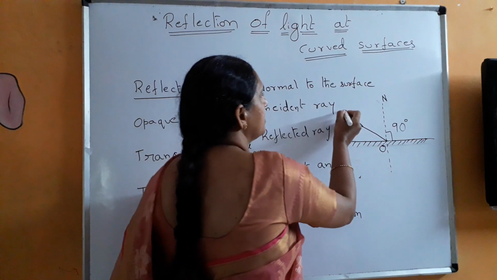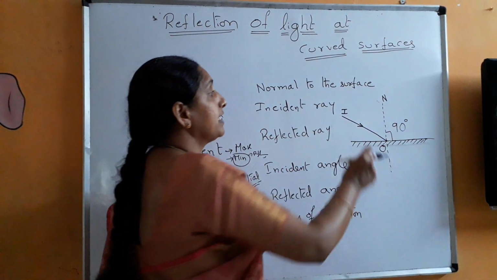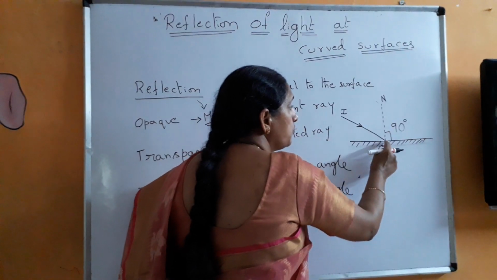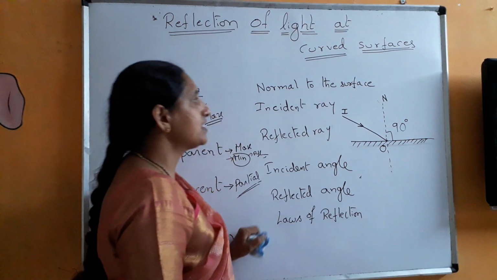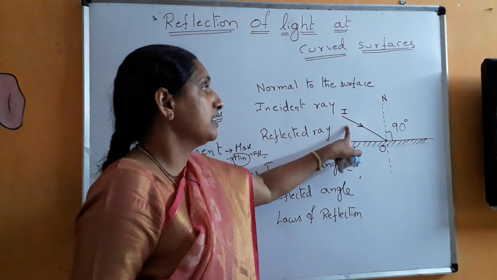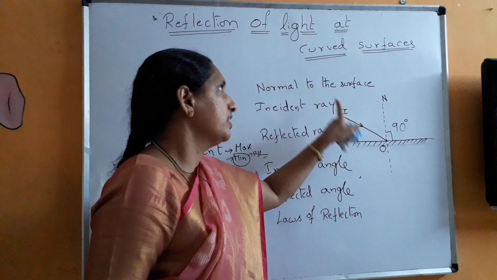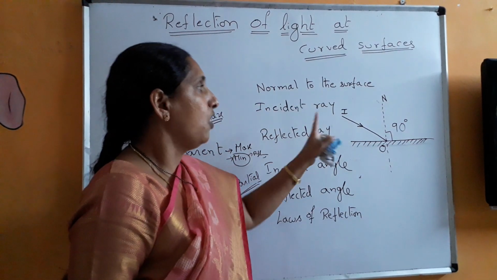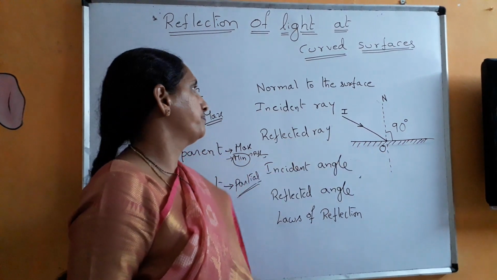Let me name the incident ray as capital I. So my capital I is coming and hitting the surface at point O. This is my incident ray. So the ray which is incident on a surface is called the incident ray.